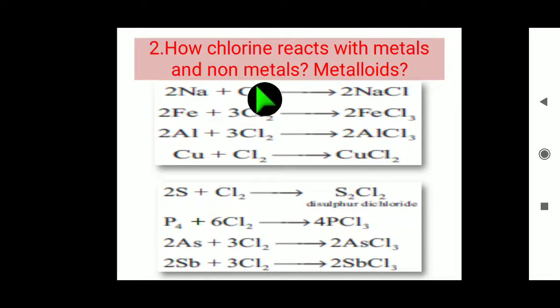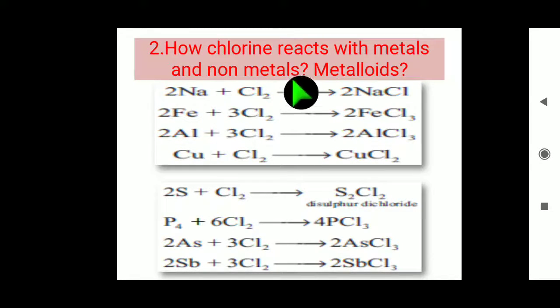When metal reacts with chlorine, salt will form. Sodium chloride, ferric chloride, aluminum chloride, then cupric chloride will form. For balancing this equation, it's so easy. I think there is no need to explain it.